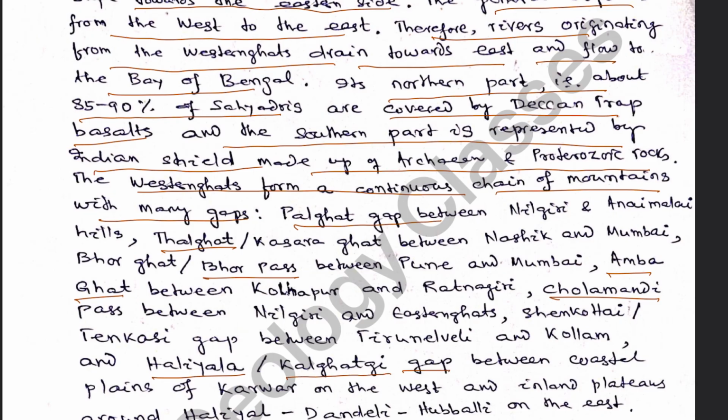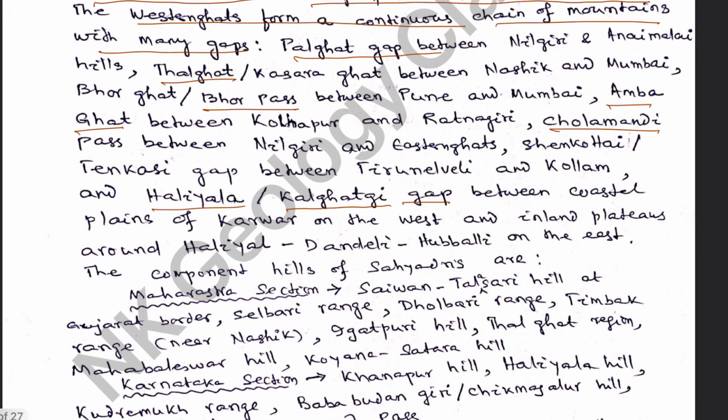So these are the major gaps found within the Western Ghats, which link the west coast with the central Indian highlands or the central portions of the Indian subcontinent. So these are the prominent features in the Western Ghats.